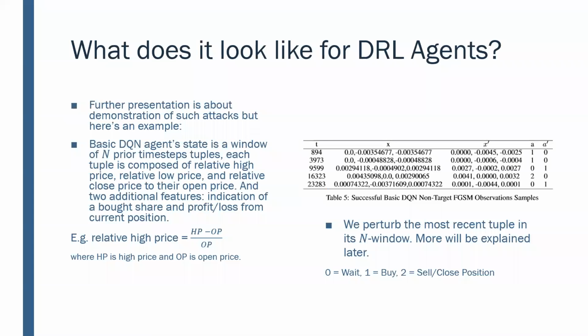So what does this look like for a trading DRL agent? The observation space for the deep reinforcement learning trading agents we are looking at is a tuple of n time step values of the relative high, relative low, and relative close price to the open price, for one of the agents we're using.